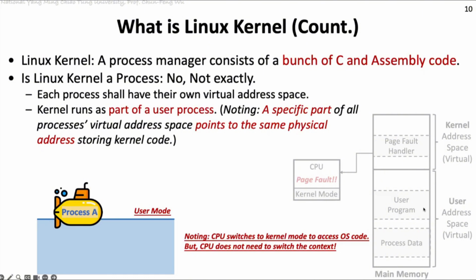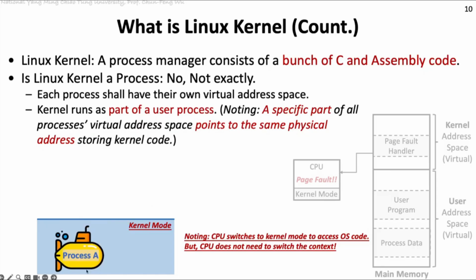Here is the data for user A, the location. And when the CPU dives into kernel mode, it's still process A, but the CPU can now access the data in the kernel address space. But whether in the kernel address space or the user address space, they all belong to user process A.